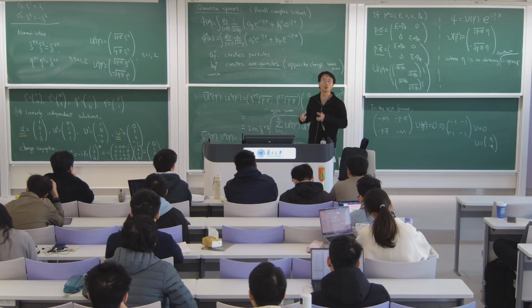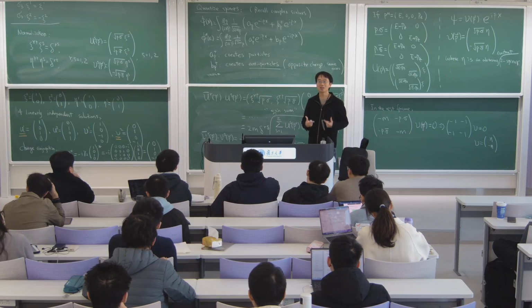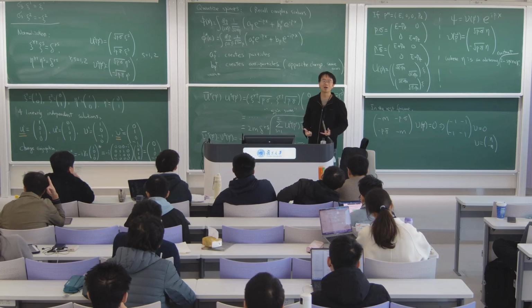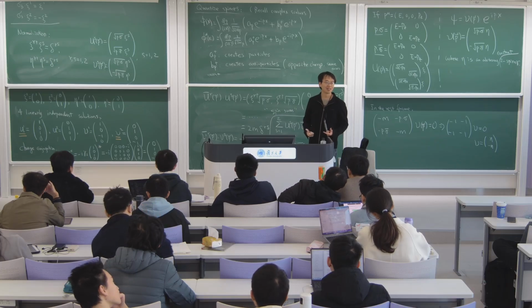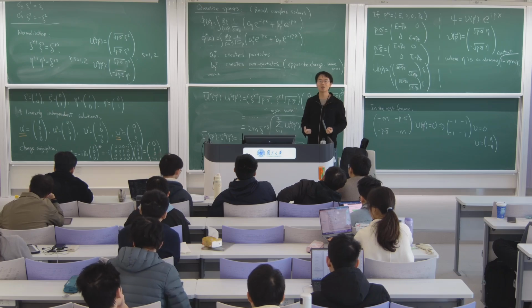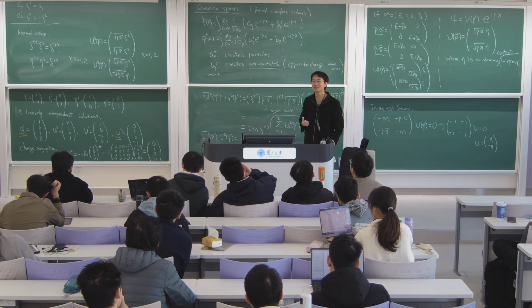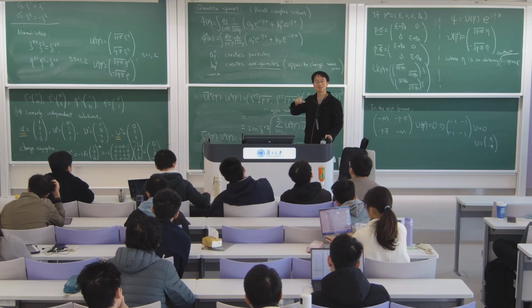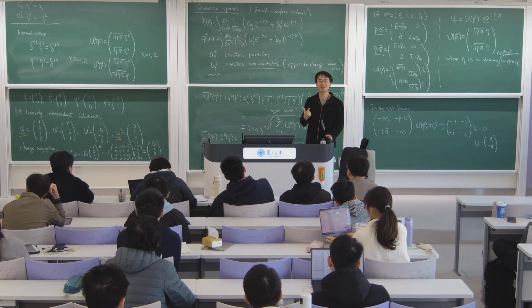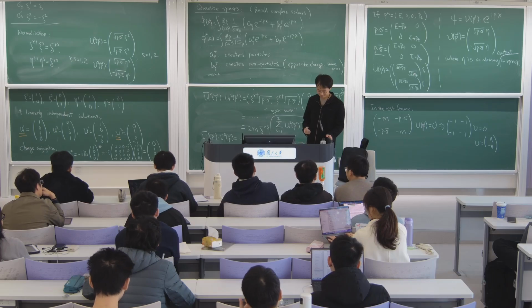Now we want to push this, or generalize this, to fermions. Fermions not only have particle and antiparticle, but they also have spinor structure compared with the complex scalar. There's some internal structure, called spinor structure, for the field.